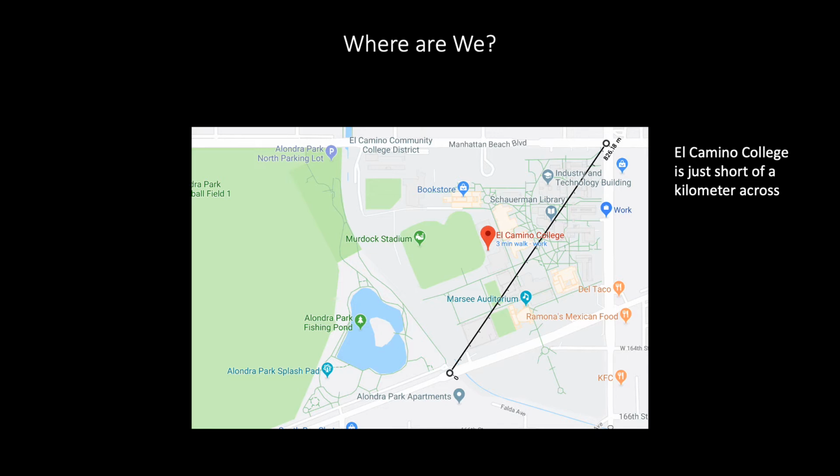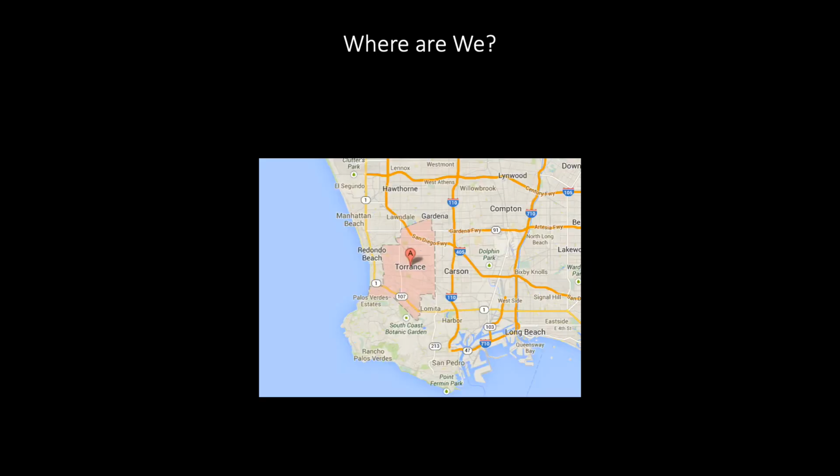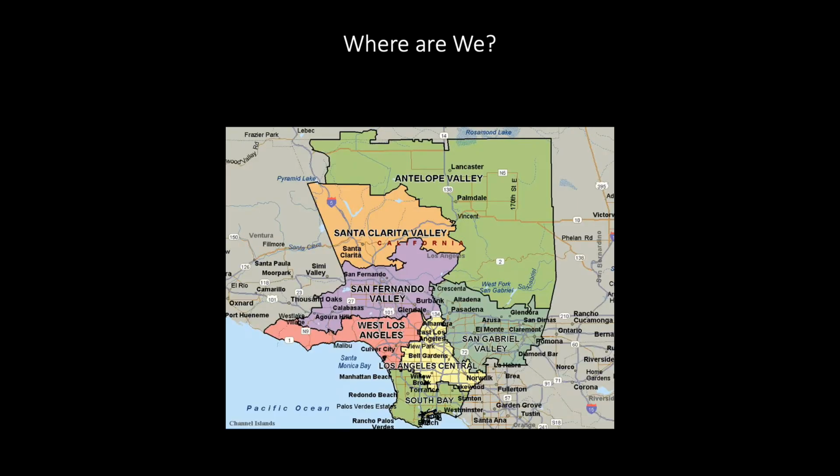All right, so where is El Camino College? El Camino College is in Torrance. Torrance is the city. And then, of course, if we zoom out even farther, Torrance is in the county of Los Angeles. So here we're still in the kilometer range. All of Los Angeles is going to fall somewhere on the scale of about 100 kilometers. 10 kilometers, by the way, is about the distance from El Camino College to the beach.